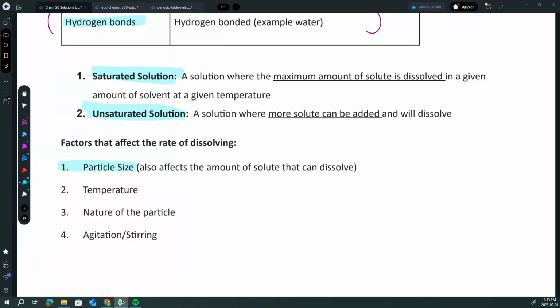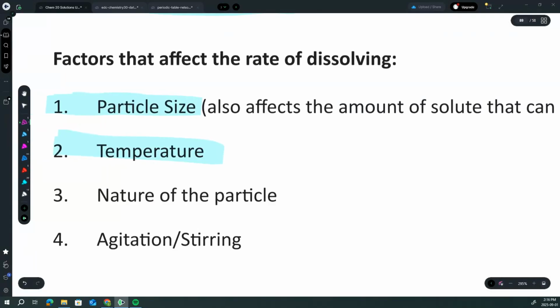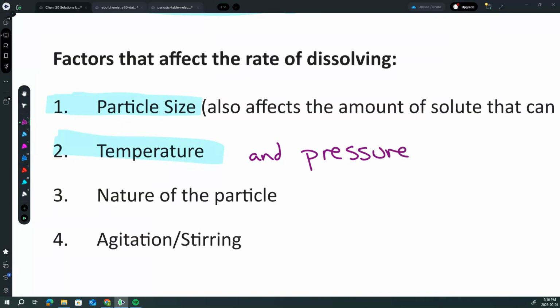Okay. Temperature. For solids, if you increase the temperature, you will dissolve more of your substance and quicker. But if we're also talking about gases, pressure can also help with the rate of dissolving.